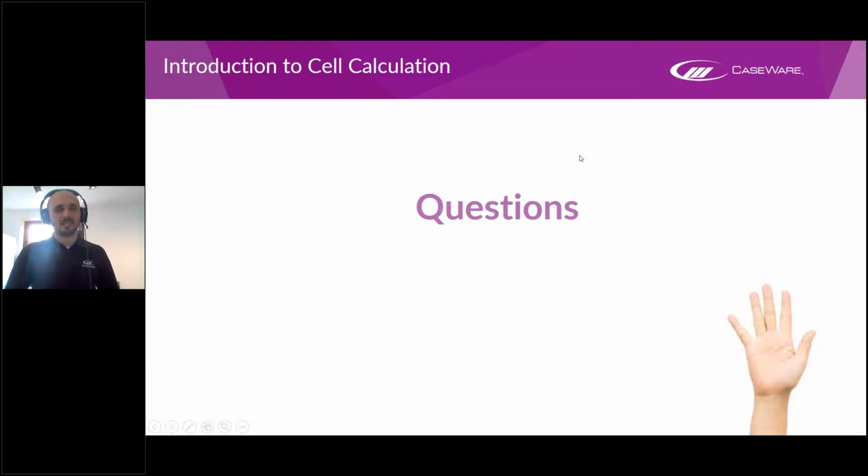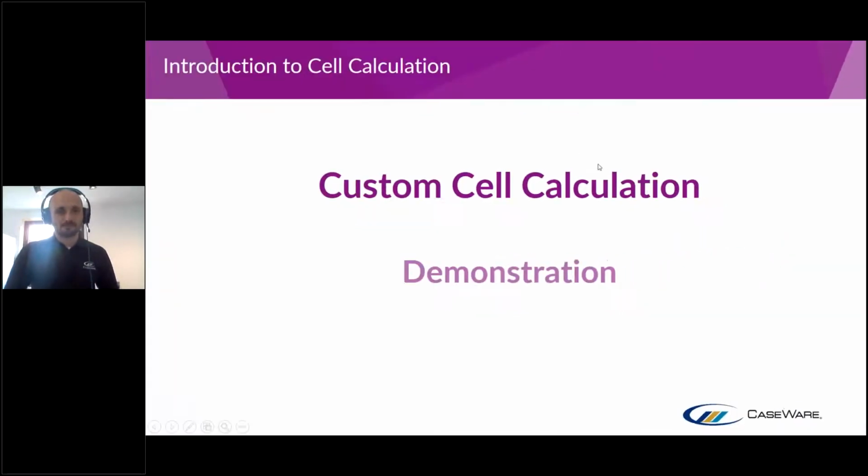So we'll move on. Okay, so custom cell calculations. So where could we be using this? Now, what I'm going to show you now you can adopt anywhere within the accounts. So you can adopt this within text notes or again anywhere within the accounts. It's the same methodology, the same functions that we're going to be using.